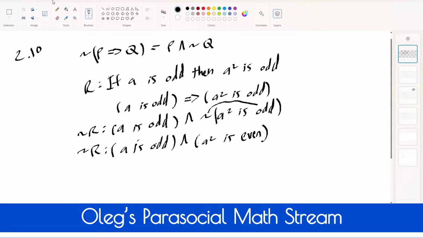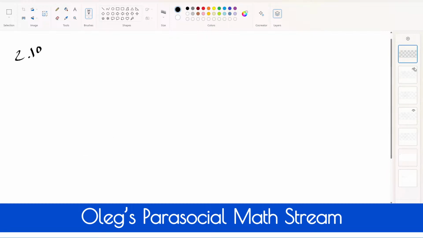This example is like the previous one, but the constant A is replaced by a variable X. We will negate the following statement. If X is odd, then X squared is odd. Hang on a minute. So, what they're doing, all right, they're going to go with this here, the book, page 62.